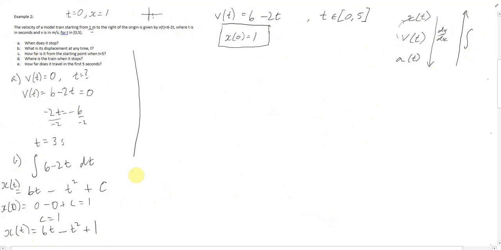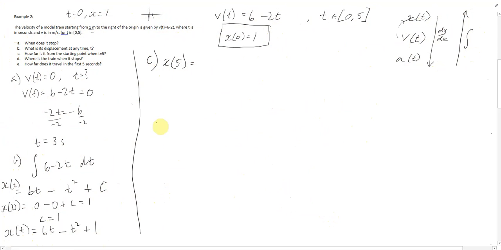Okay, so now we can move on to part C. How far is this model train from its starting point when t equals 5? Alright, well, let's figure that out. So we want to know the displacement when time is 5. So, let's go.